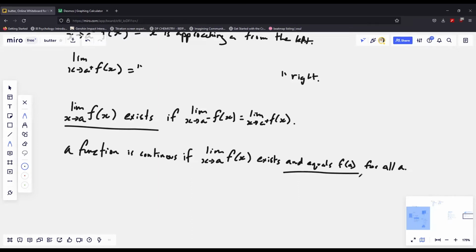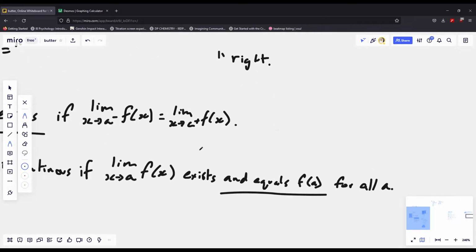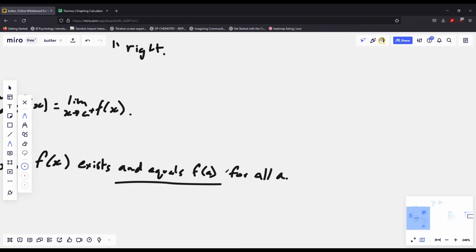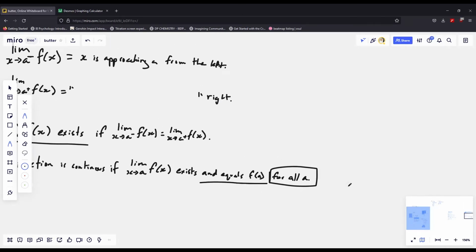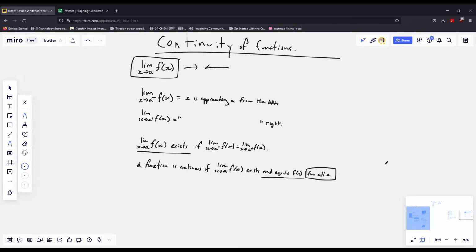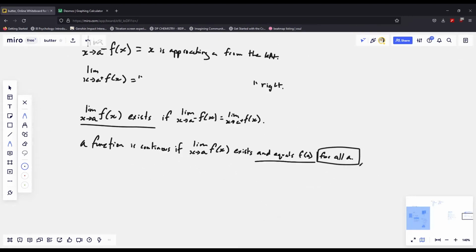This part is kind of simple as well. x could get really, really close to a, and the value that we get will be equal to the value if x was exactly a. That makes sense. And finally, the last part, for all a, just means that a could be anything we'd like it to be, and this would still be true. So there we go, that's the definition for a function being continuous.